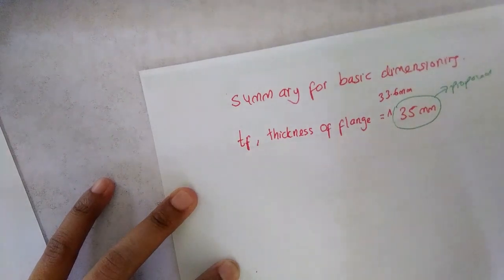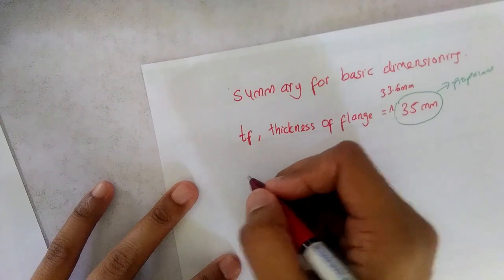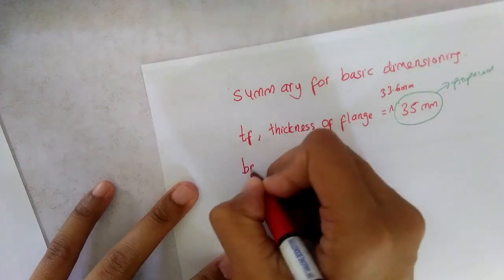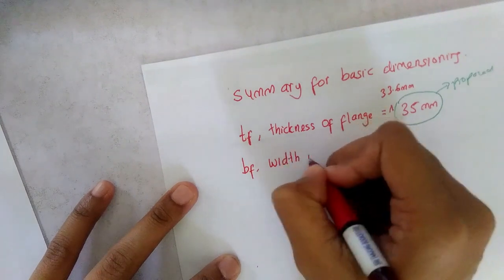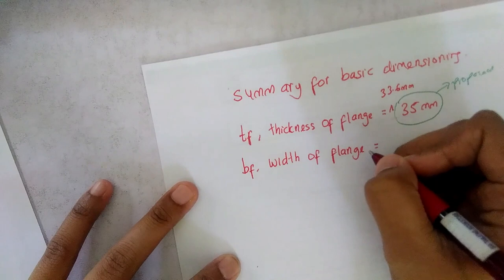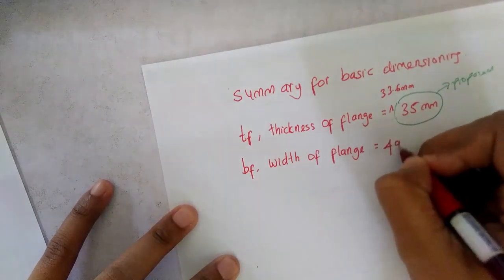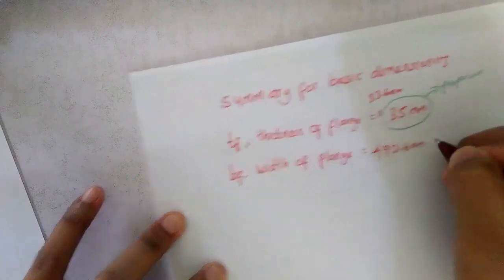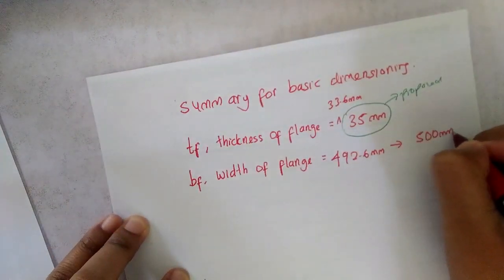Your total width of flange, BF, initially is 492.6 mm, but we propose it to become 500 mm.